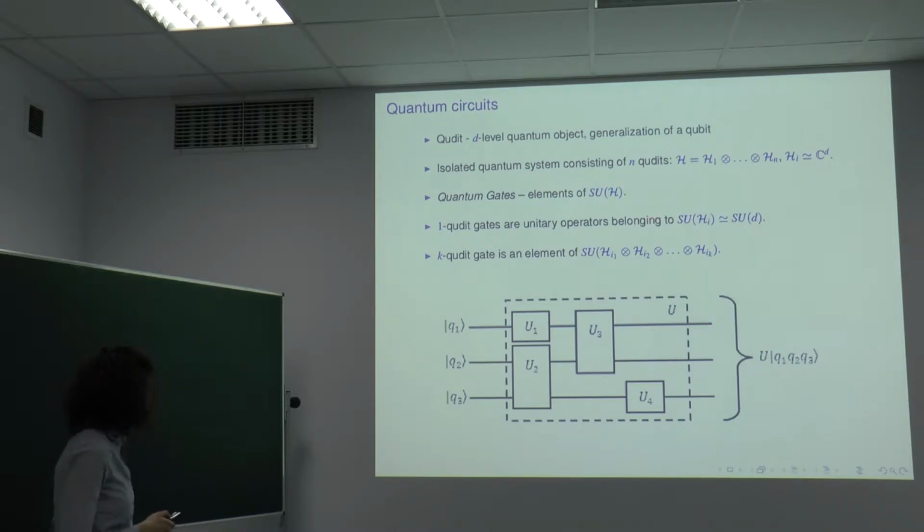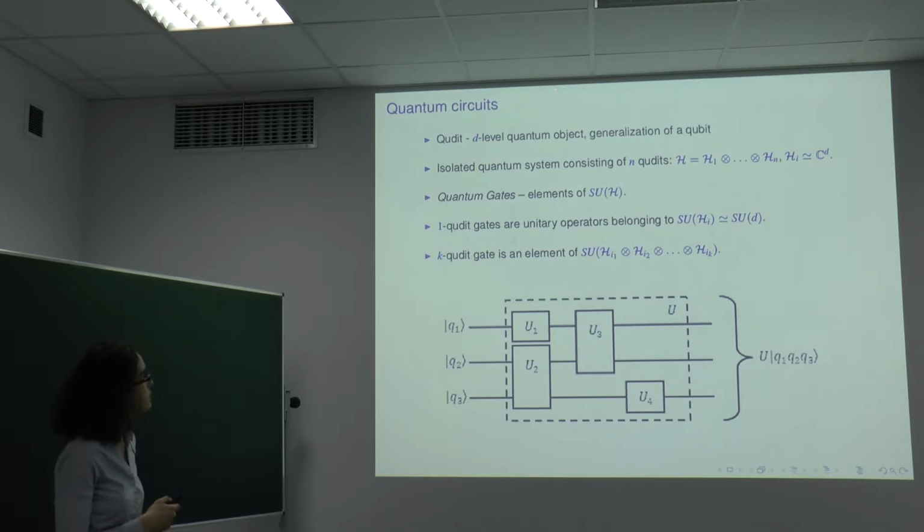Quantum computers differ significantly from classical computers because the operations are performed not on logic bits but on qubits, which are quantum analogs of bits. A qubit is a two-level quantum object which can be in a state 0, 1, or in any superposition of these states.